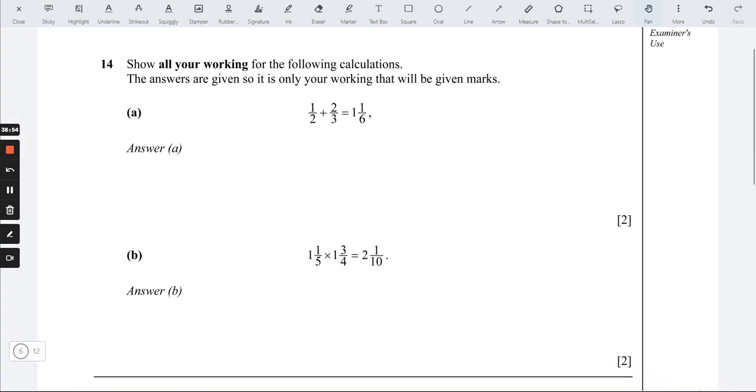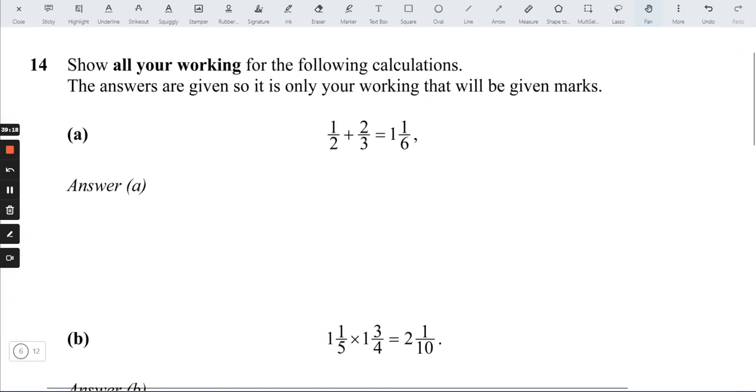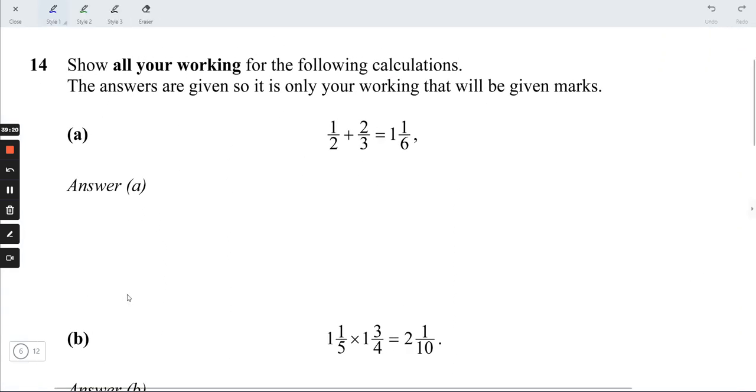So question 14 here. Okay, question 14, show all your working for the following calculations. The answers are given, so it is only your working that will be given marks. Okay, so part A, you should show your working.